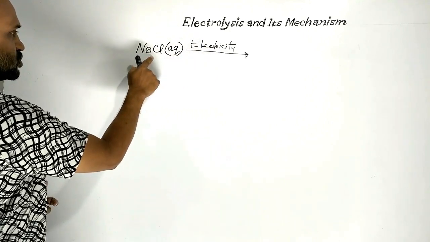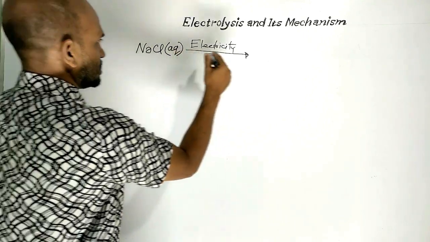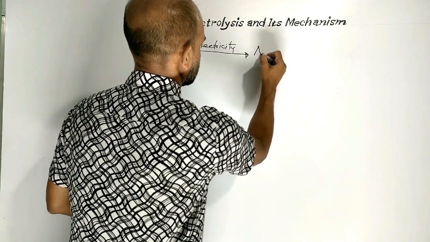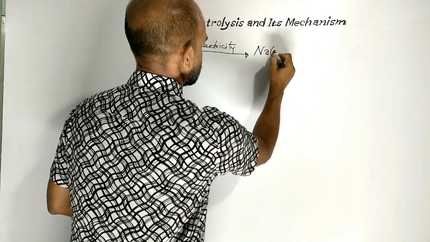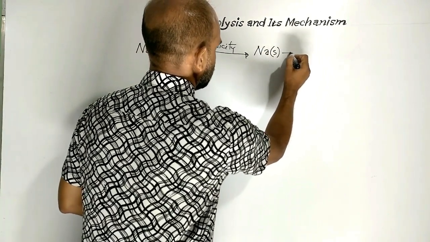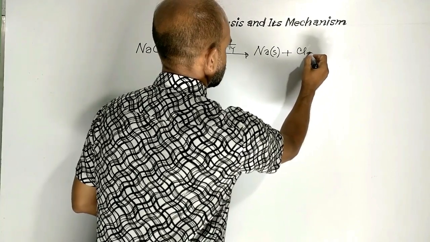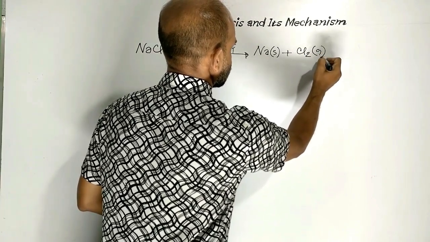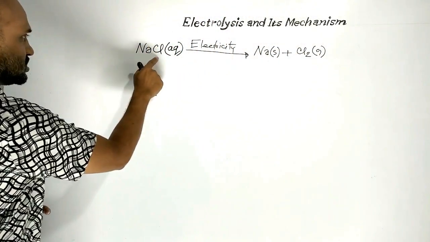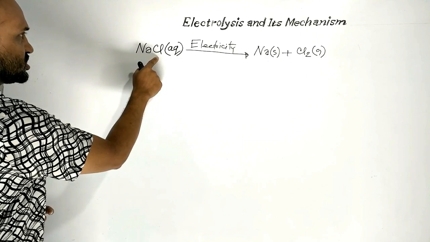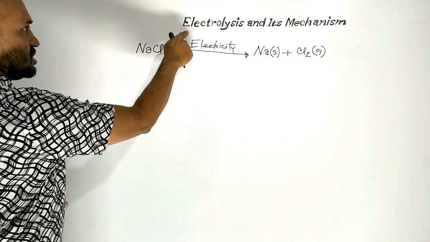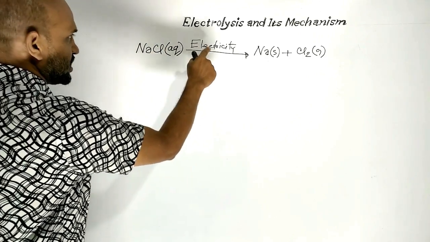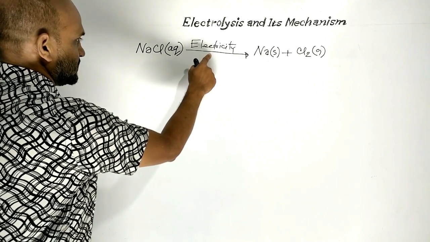Then sodium chloride undergoes decomposition to form solid sodium and chlorine gas. This decomposition reaction is known as electrolysis by passing electricity.